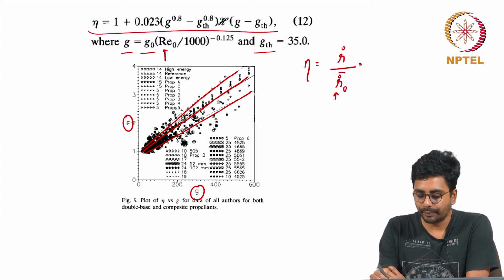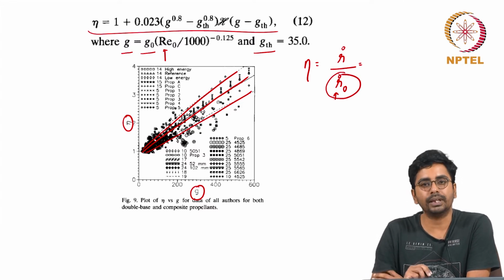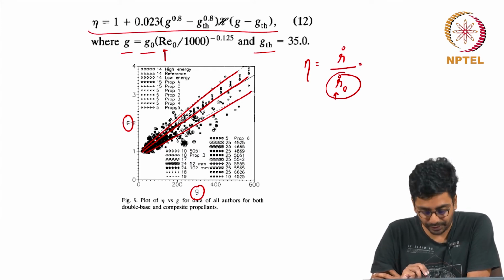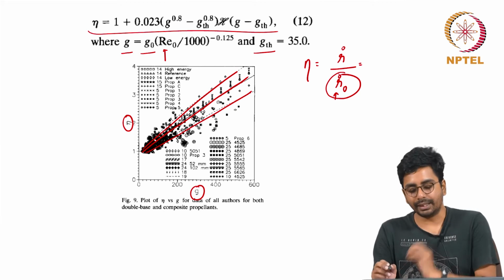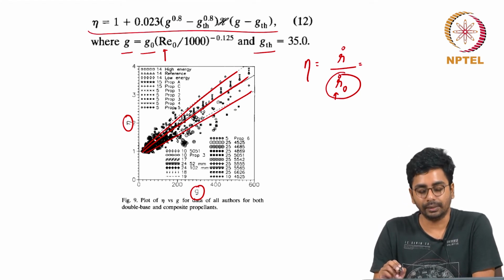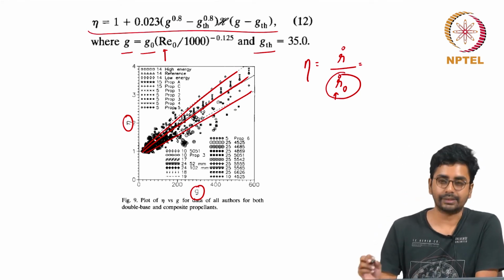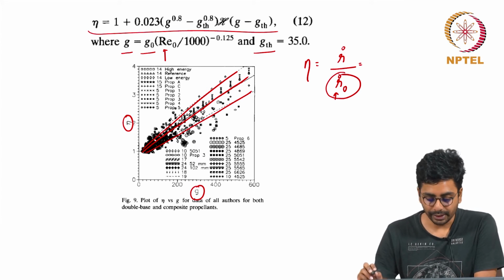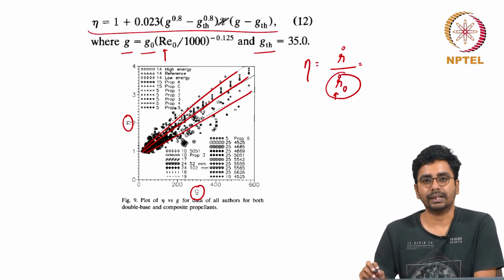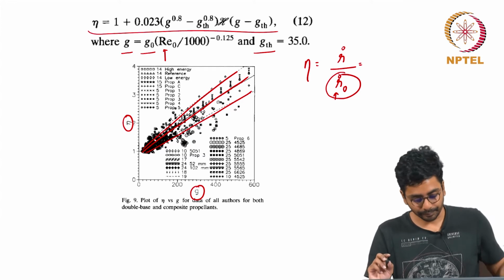All those composition effects are absorbed into R dot 0. Erosive burning is only a fluid dynamic effect, and that is the main conclusion from this theory. This is called the universal erosive burning model, and the conclusion is that erosive burning is a fluid dynamic phenomenon.